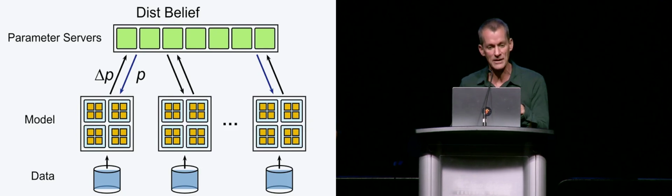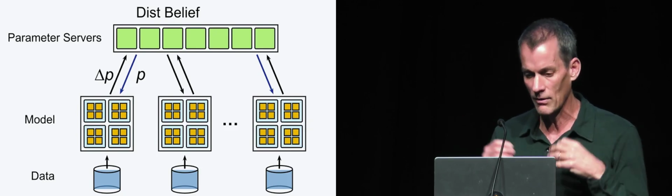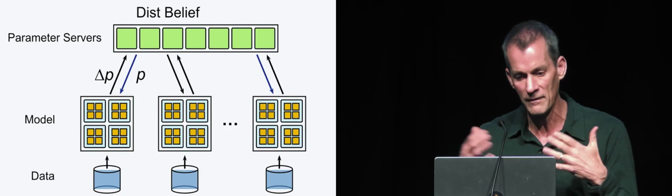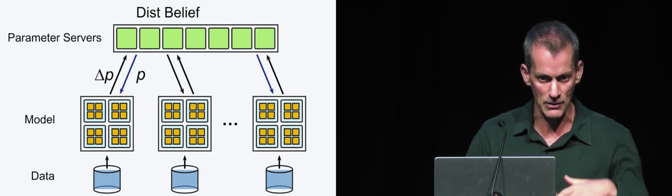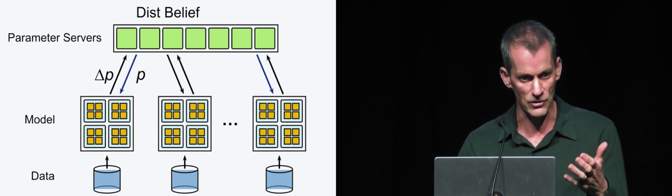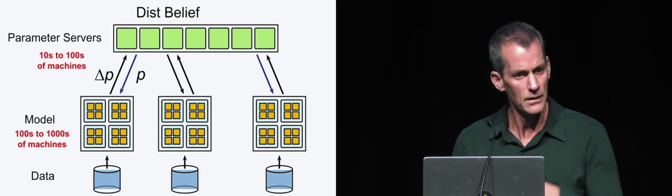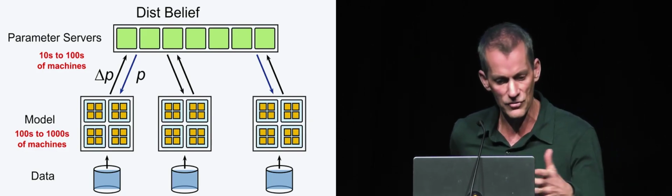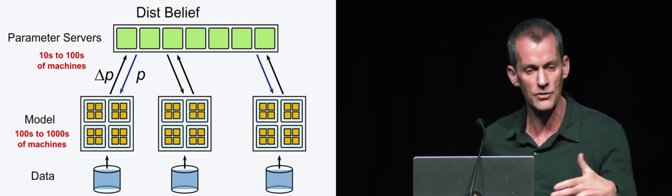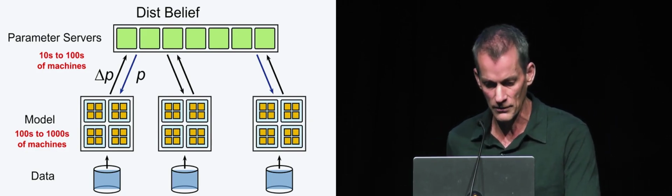So the basic idea behind DistBelief is you have some set of parameters that are being represented on some set of machines, and then you have independent replicas of the model where you fetch the current state of the parameters, you do some computation on the model, and then you update the parameters by sending a gradient back to the parameter servers. And in large-scale setups, we were using tens to hundreds of machines to hold the distributed state of the parameters and hundreds to thousands of machines to hold the independent workers of the model.